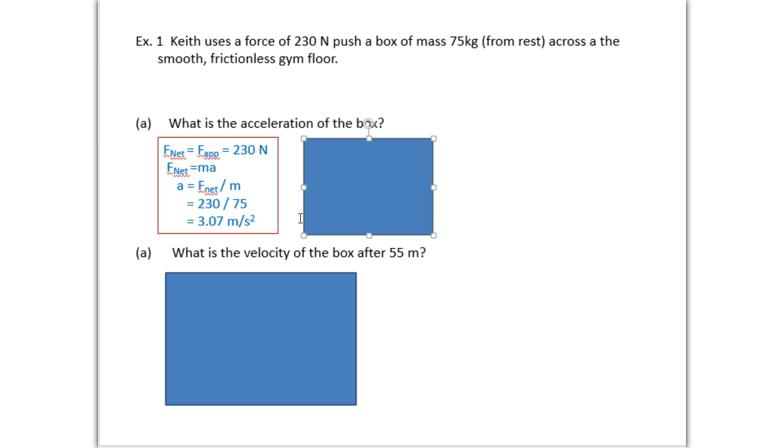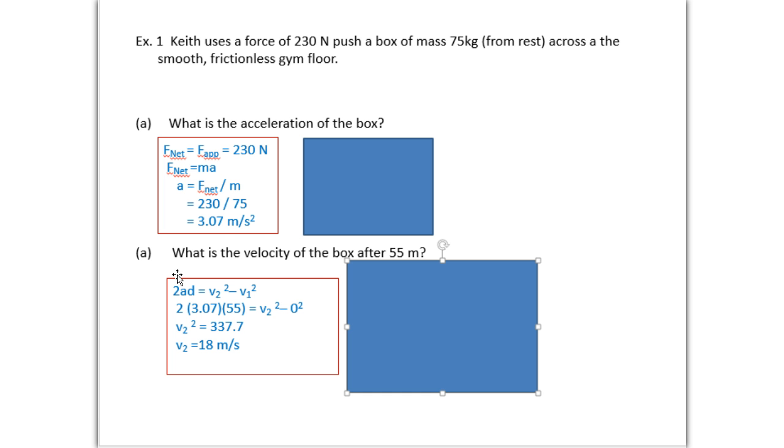Well, if you look at your given information, you have a distance. You know the box starts from rest, so V1 is 0. You're asked to find V2, and you have acceleration. So if you look through kinematic formulas, you're asked to find V2, so you have acceleration, you have distance, you know V1 is 0. So put in the values that you know.